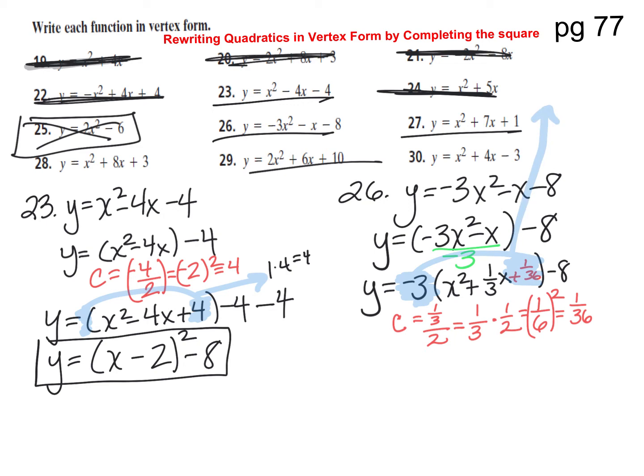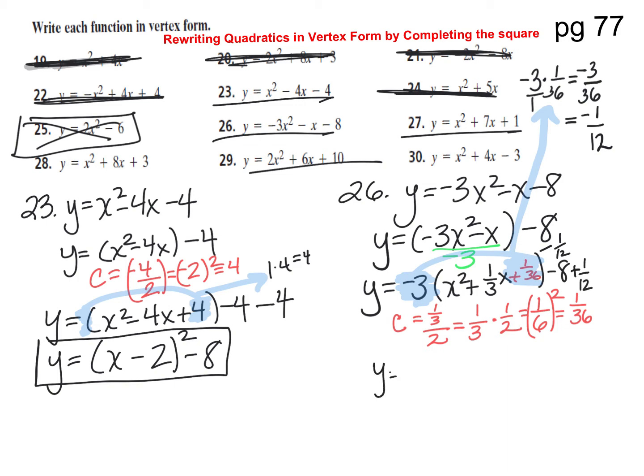I'm going to do -3 times 1/36, which some of you may need to see it like this. -3 over 1 times 1/36 would be -3, numerator times numerator, divided by denominator times denominator. So I would get -1/12. -3/36 reduces to -1/12. So technically, I subtracted 1/12. So to balance it, I add 1/12.